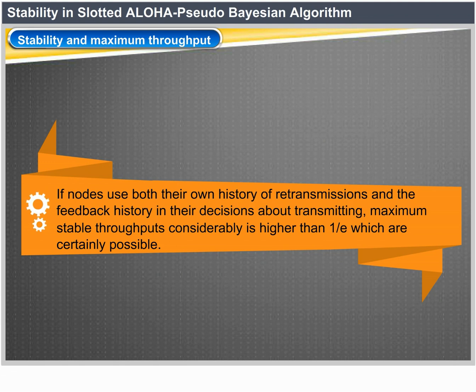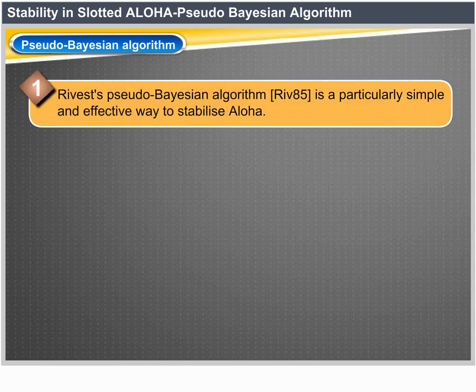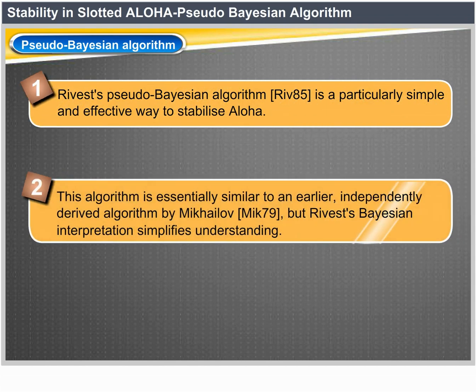Pseudo-Bayesian algorithm. Rivest's pseudo-Bayesian algorithm [RIV85] is a particularly simple and effective way to stabilize Aloha. This algorithm is essentially the same as an earlier independently derived algorithm by Mikhailov [MIK79], but Rivest's Bayesian interpretation simplifies understanding.